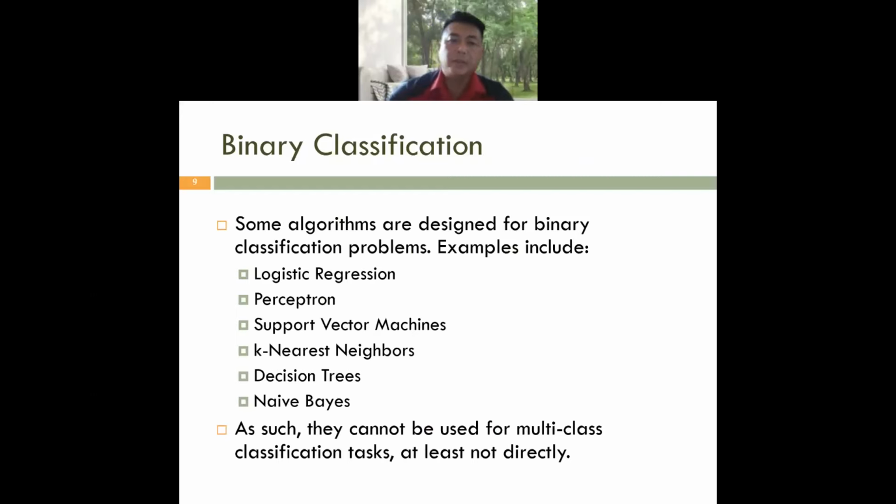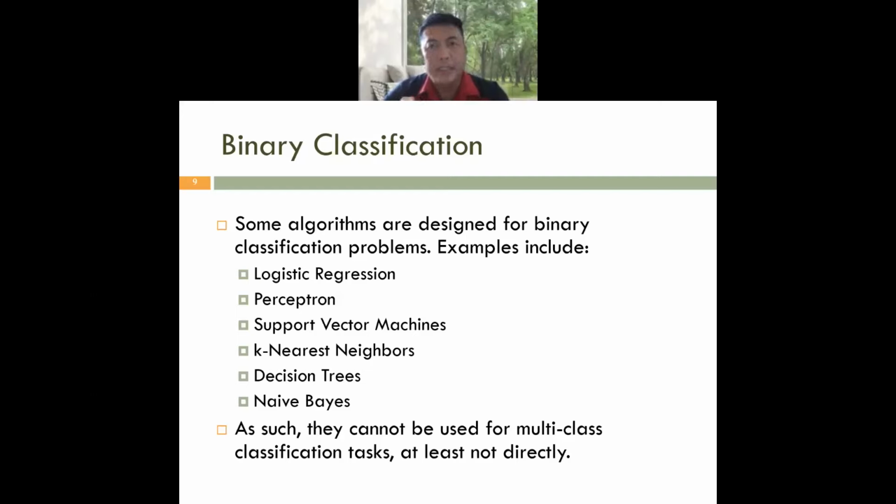But in most cases, we also have multi-label, so we have to use multi-class classification. When you want to perform machine learning in order to learn from your data, you have to look at your data set, how many labels you have.